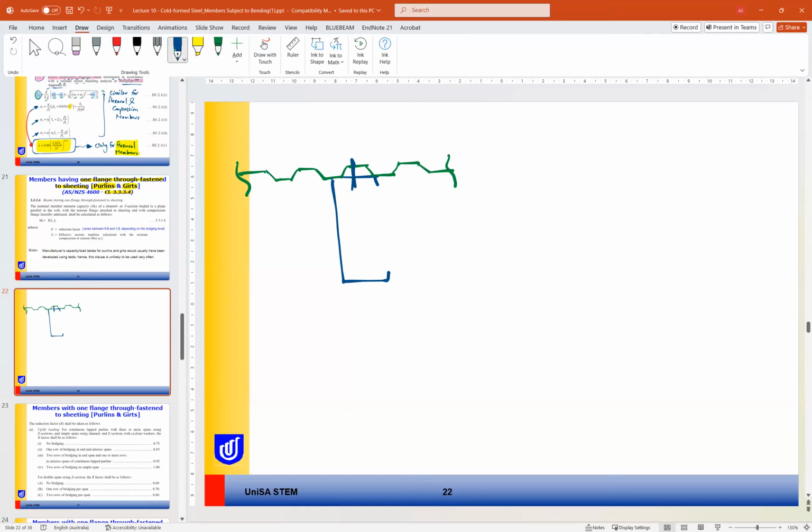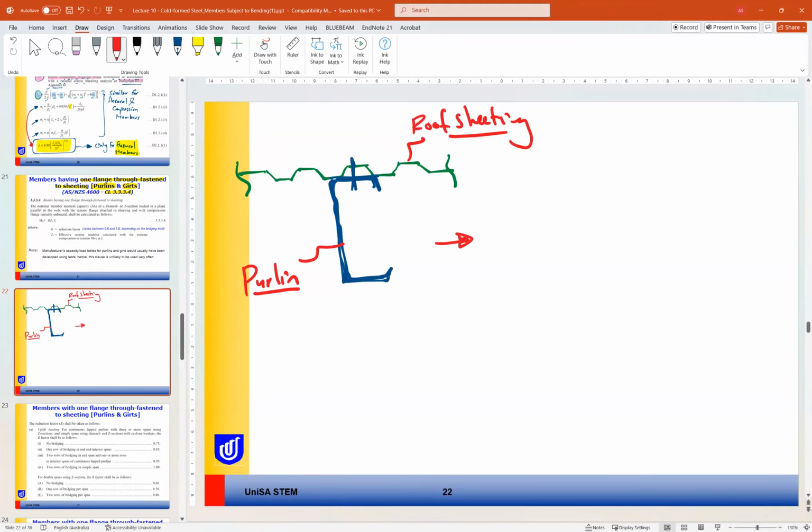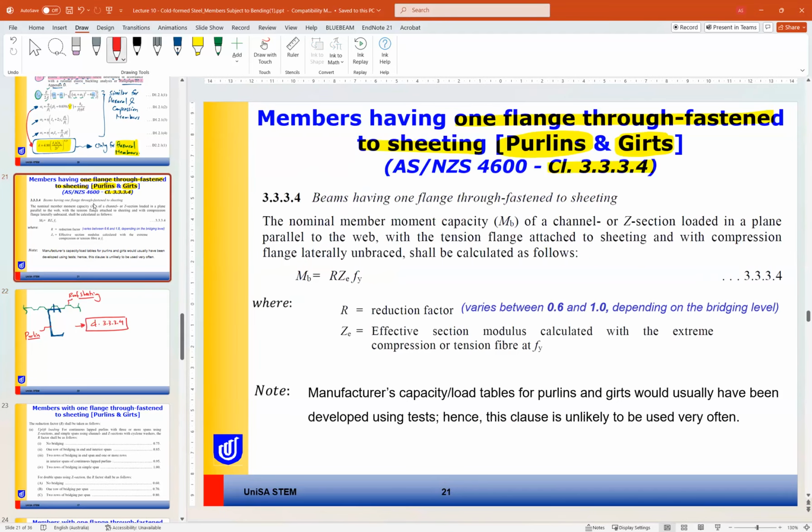So if this is our section, so this is our purlin and this is our roof sheeting in this case. So the design of this beam or this purlin is covered using section or clause 3.3.3.4, because the buckling behavior for this case will be different.